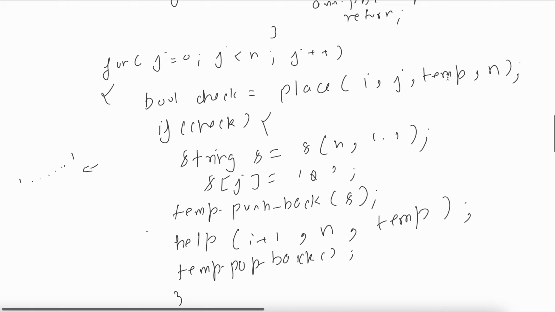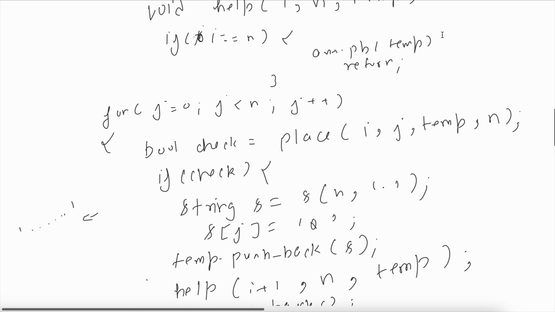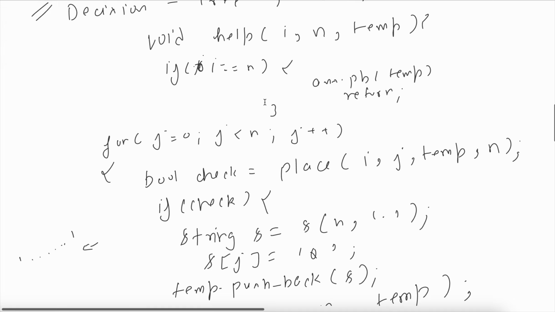If we can, then we have made a string, placed the queen at the jth column, and pushed that answer. We have explored the i plus 1th position. If that path fails, then we have backtracked. And if this part succeeds, then it will be captured under the base case. This thing we understand.